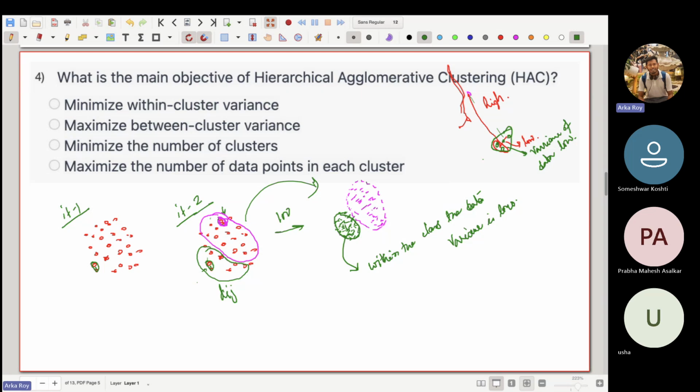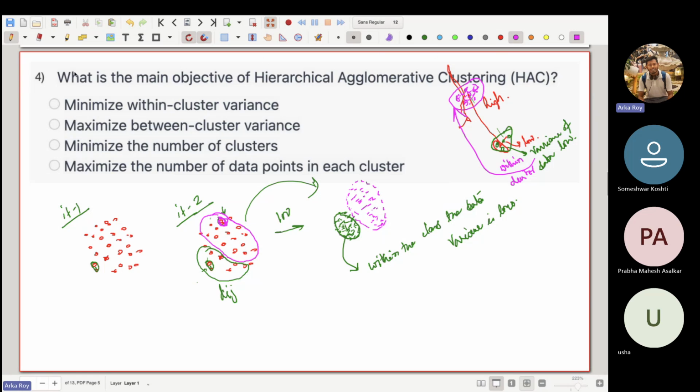In contrast, let us consider you have another cluster over here, which comprises different data points. Over there also this point will be valid. So this is the within-cluster case: within-cluster data variance is low.